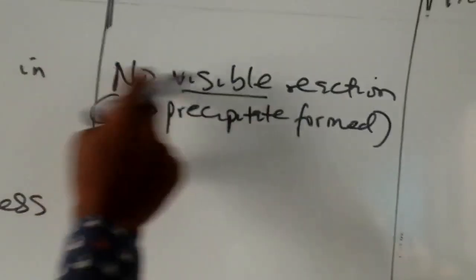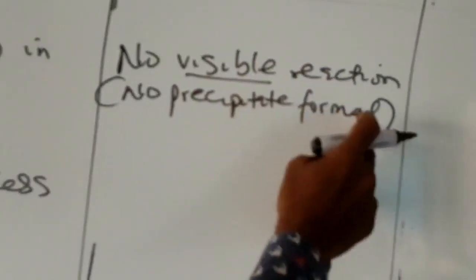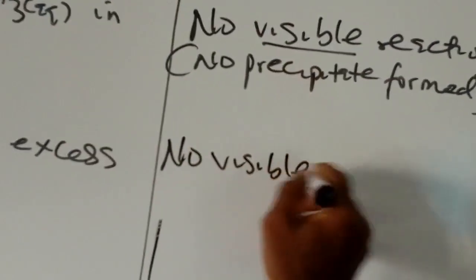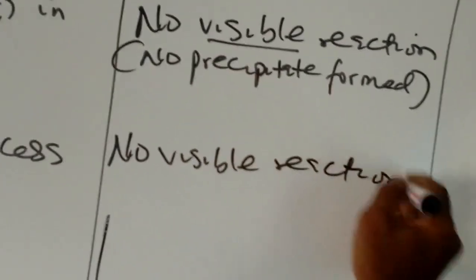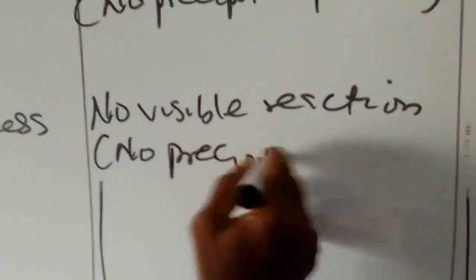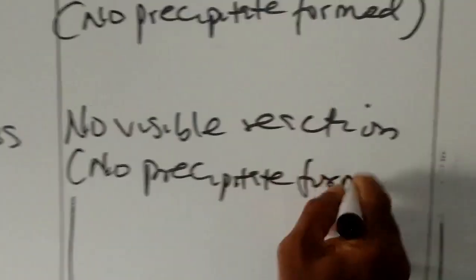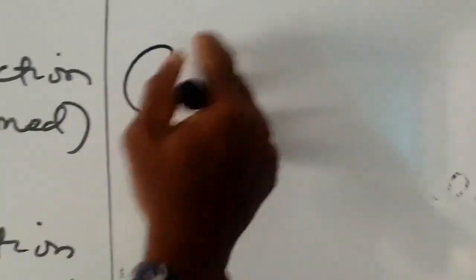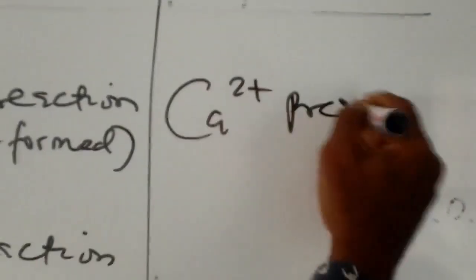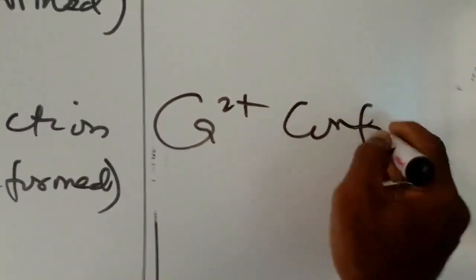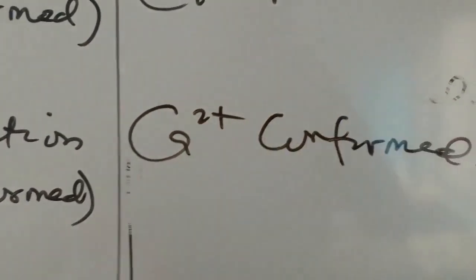So we say no visible reaction, or in bracket, no precipitate formed. On our inference, we now write calcium 2 ion present, then calcium 2 ion confirmed for this test.